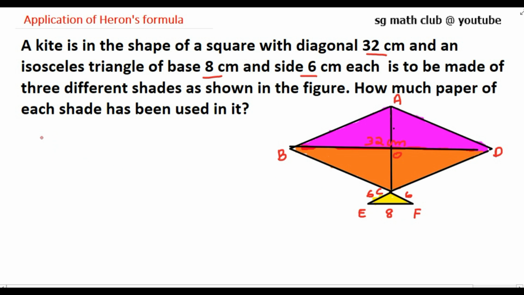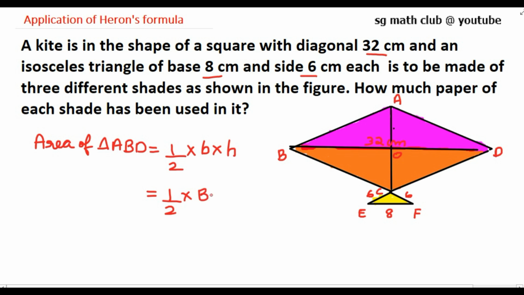So first I'll write area of triangle ABD. It is equal to half into base into height. We know the area of a triangle can be found using the formula half base into height. So here base is BD and height is AO.